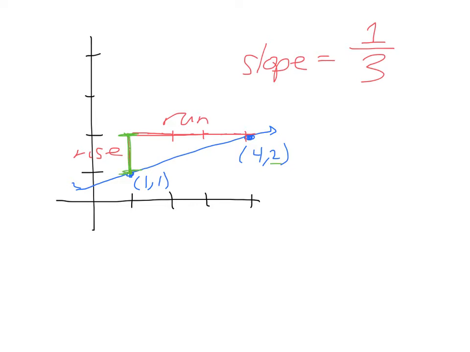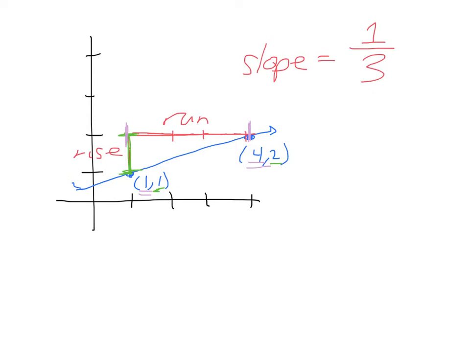Well, there's the 2, there's the 1, and if I subtract that, 2 minus 1, that gave me the 1. If we look at the run, it went from the 1 to the 4. And if you think about it, 4 minus 1 gave us 3. And that's how we can figure out slope.